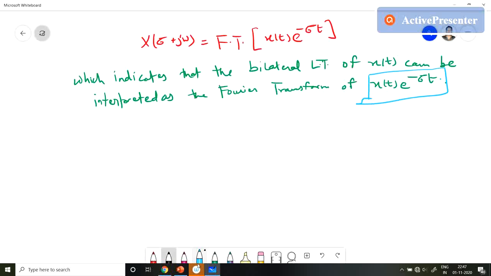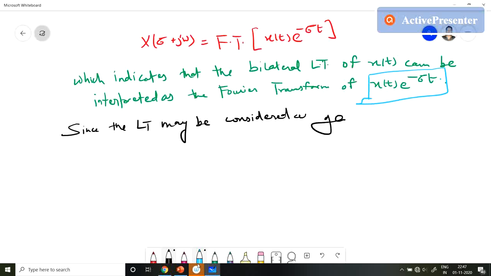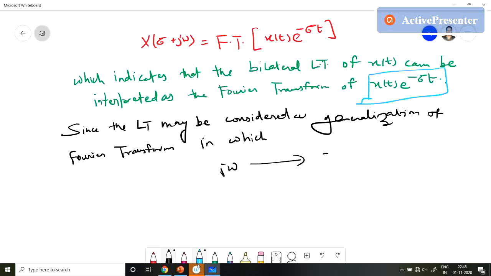Again, the Laplace transform may be considered a generalization of Fourier transform in which j omega is changed to s equal to sigma plus j omega.